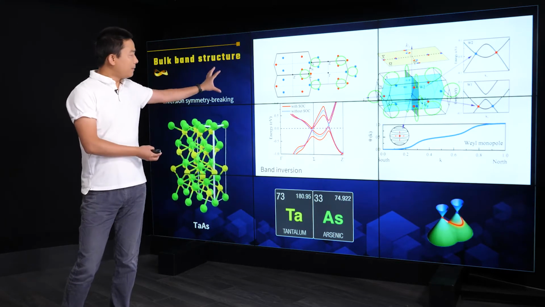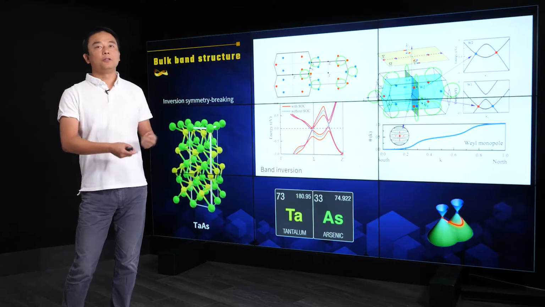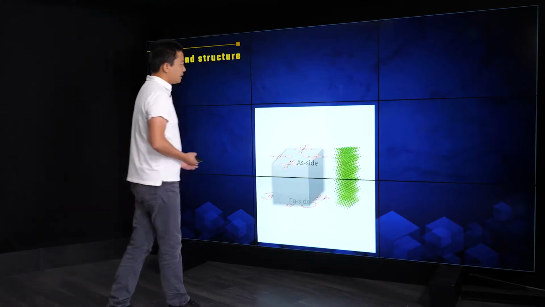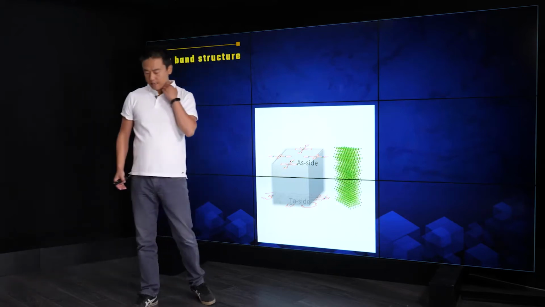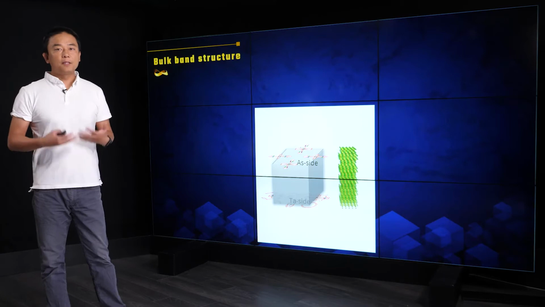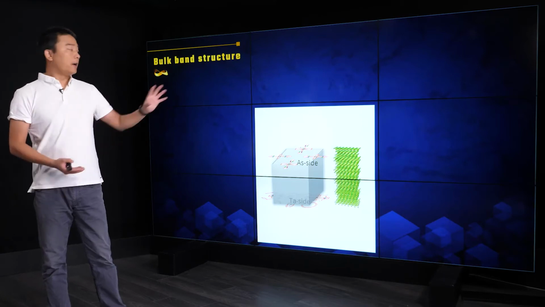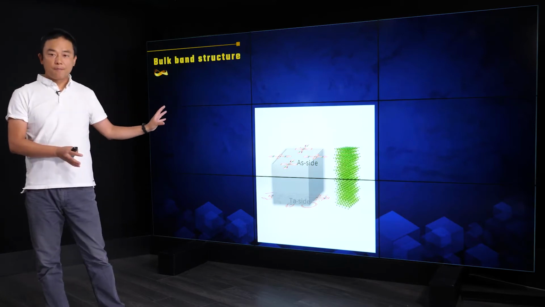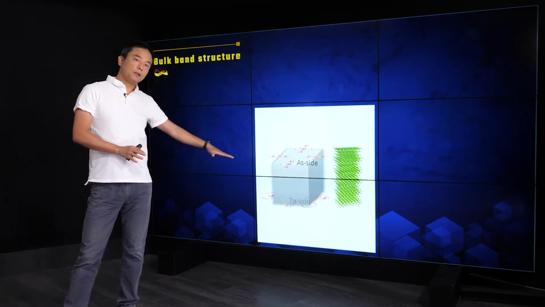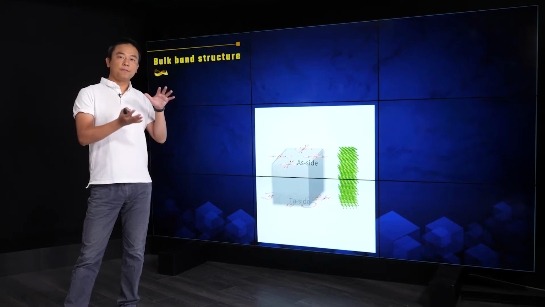Now, we talked about the bulk, then we will go to the surface. On the surface, as we learned how to calculate surface, we need a slab model. In this slab, we have a top surface and a bottom surface, but different from the bismuth selenide example. Bismuth selenide has inversion symmetry. However, this material breaks inversion. The direct consequence is the top surface and the bottom surface will have different atoms.